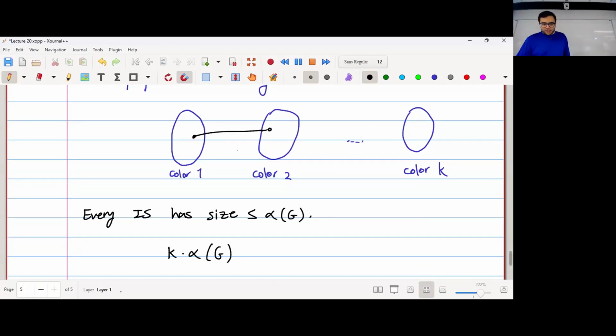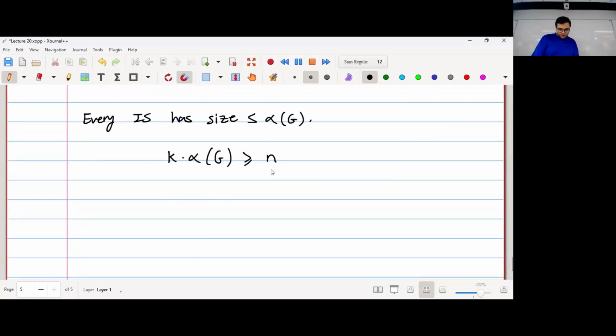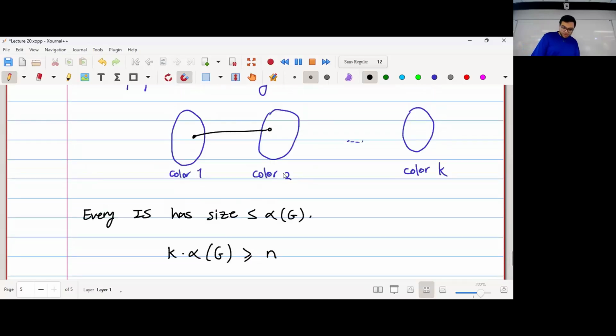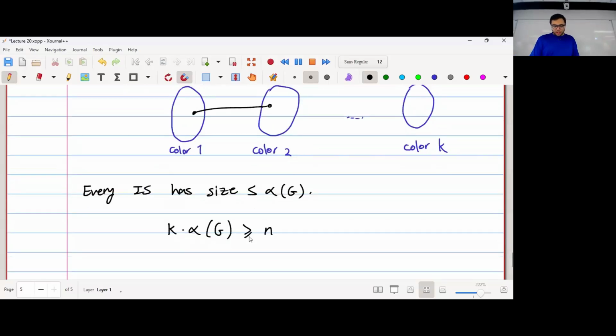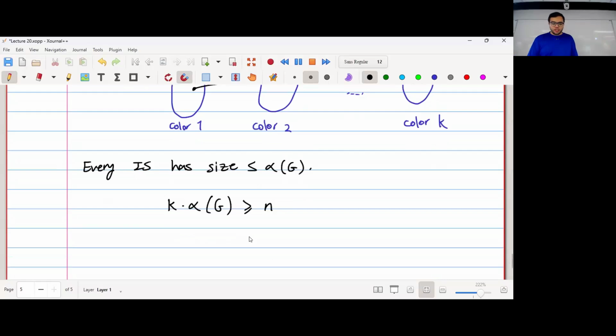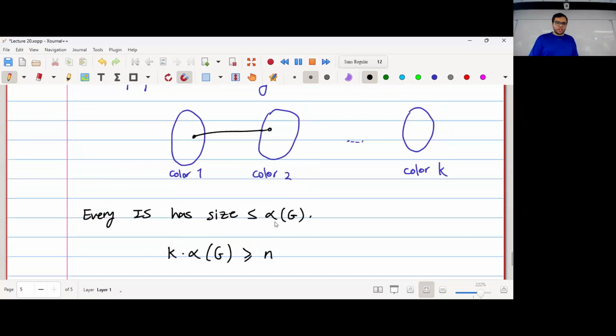But all of these independent sets together are covering all of my vertices. So k times alpha is greater than or equal to n. Or less than or equal, or greater than or equal? I'm really sleepy today again. Yeah, no, it's greater than or equal to n. Because each of these is at most alpha, and then I have k times alpha. So k times alpha is greater than or equal to n, which means that k is greater than or equal to n over alpha. Okay.